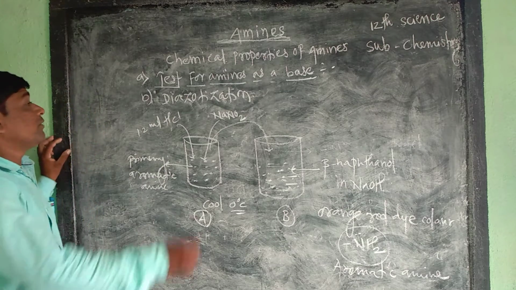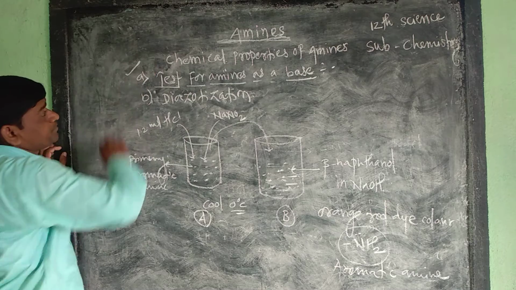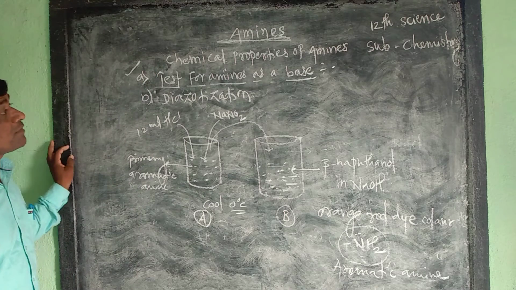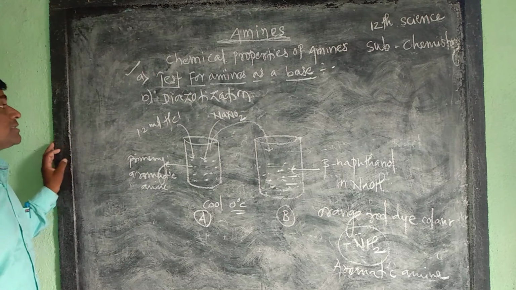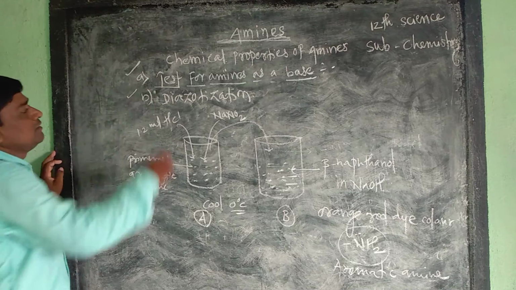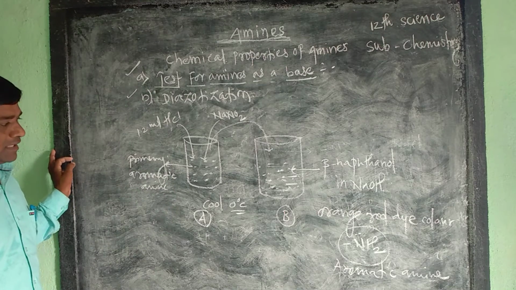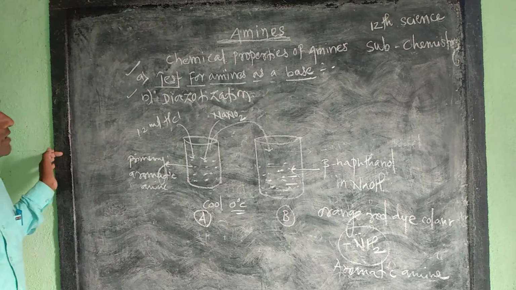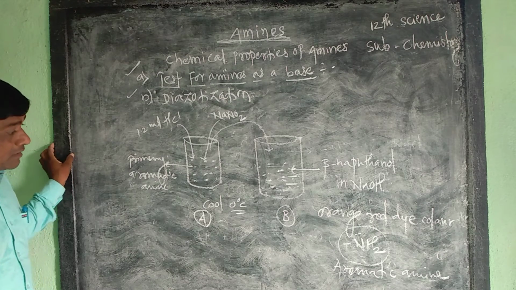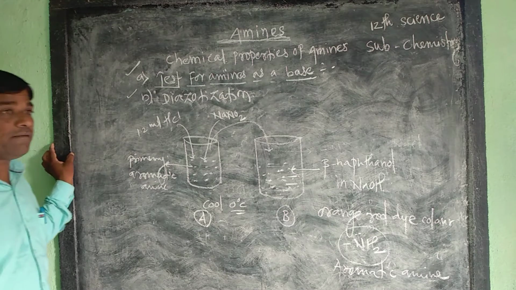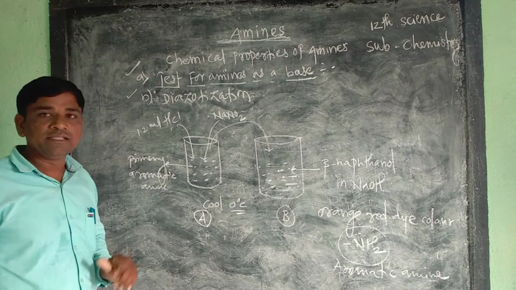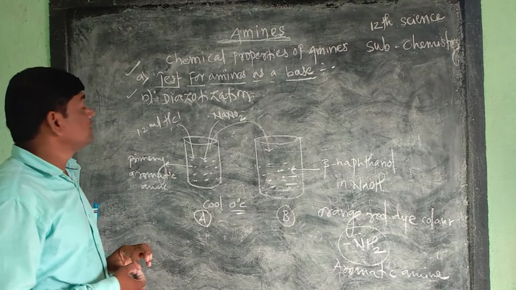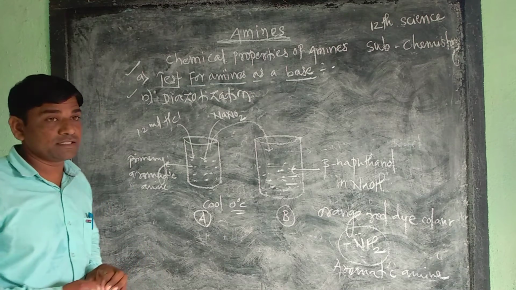In this way we complete the test for amines as a base and the diazotization test. It is a very important test for determining the basic nature of amines. In this way we complete the first properties.